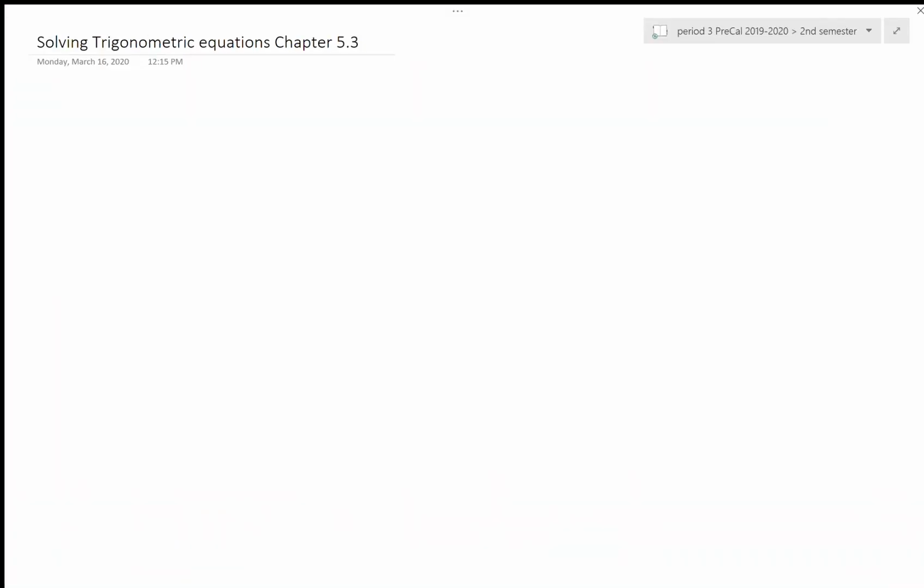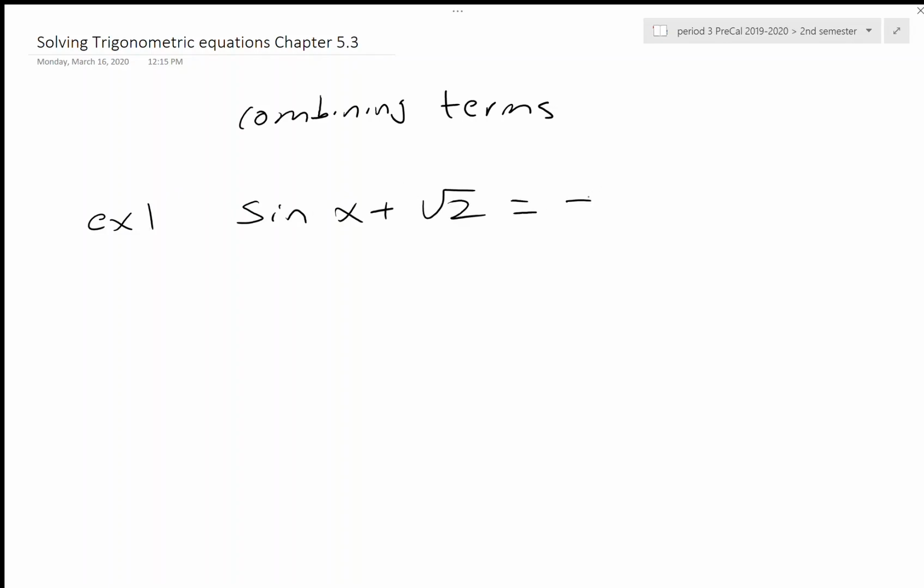Here's our first example. We're going to start with combining terms. First example would be sine of x plus square root of 2 equals negative sine of x.